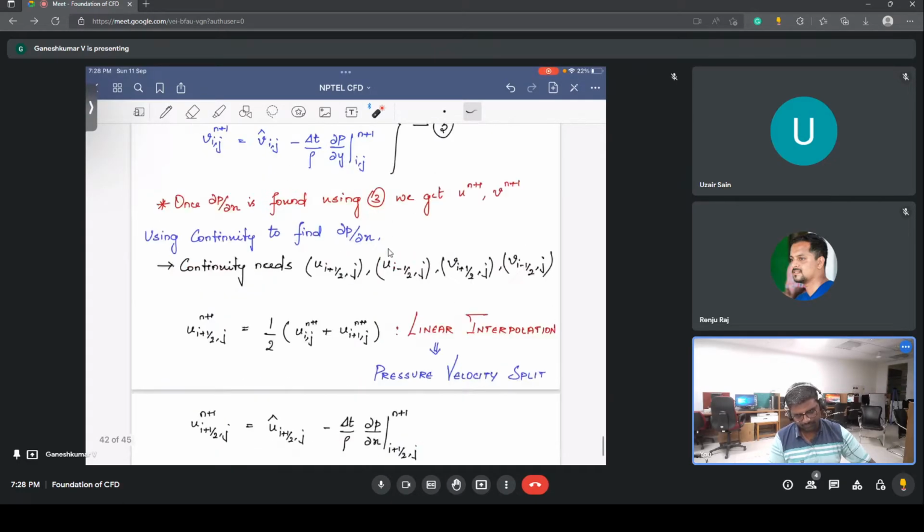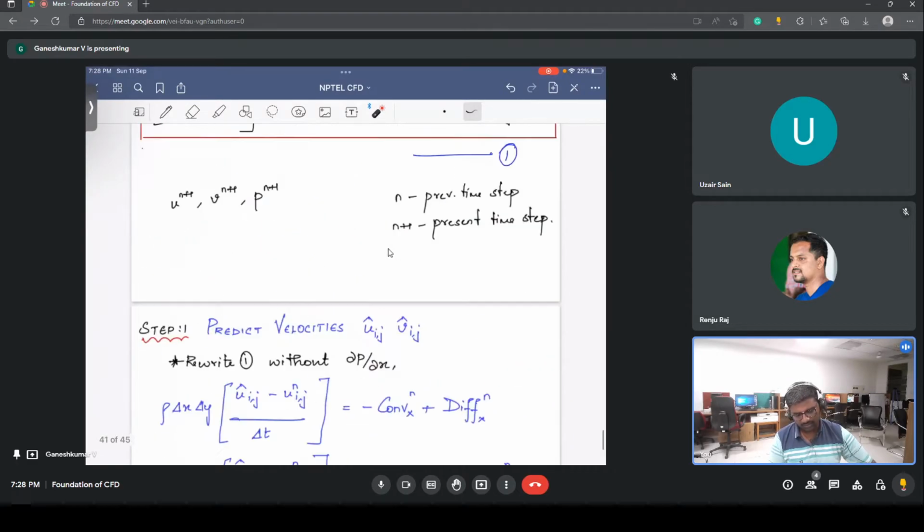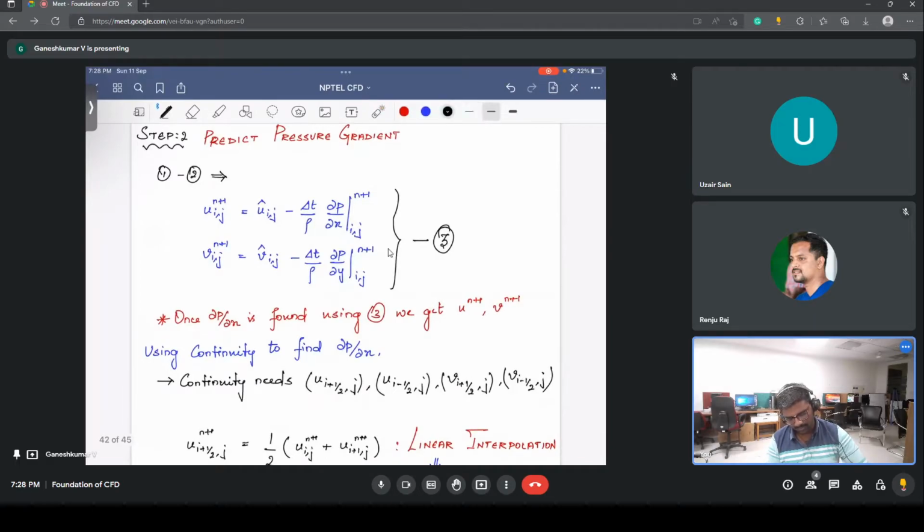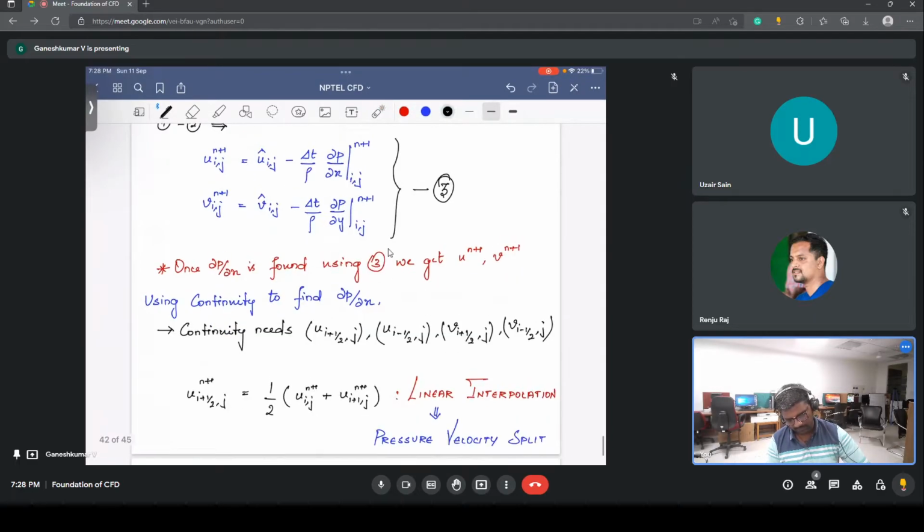Let's draw it here itself. This is our control volume, and this is i comma j, this is i minus half comma j, this is i plus half comma j, this is i, j minus half, and this is j plus half, right?